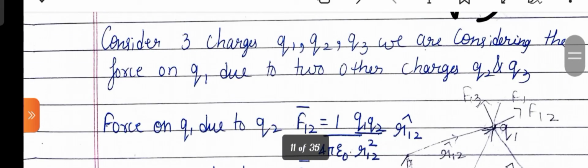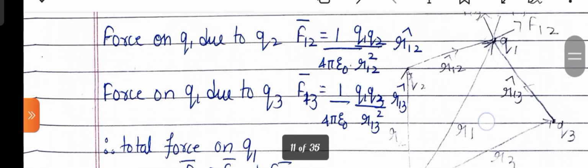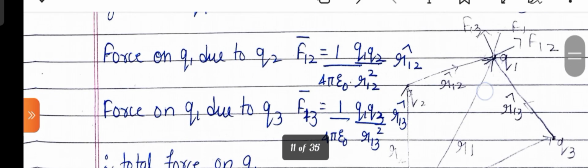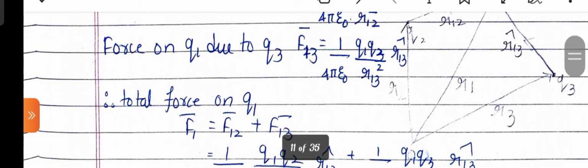See the same, we are considering 3 charges. Here is Q1 and Q2 and Q3. The force exerted by Q2 on Q1 is F12, and the force exerted on Q1 due to Q3 is F13. So F1 is actually equal to F12 plus F13. So 1 by 4 pi epsilon naught Q1 Q2 by R12 square R12 cap plus 1 by 4 pi epsilon naught Q1 Q3 by R13 square R13 cap.